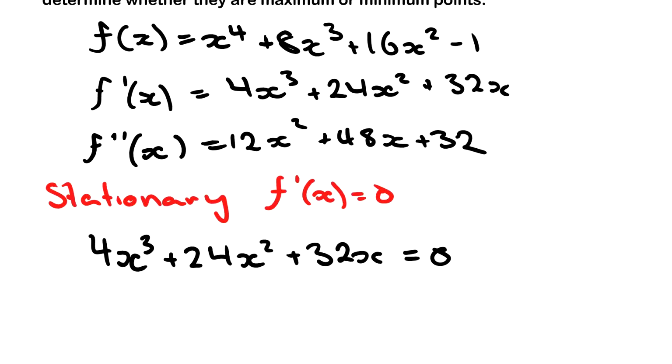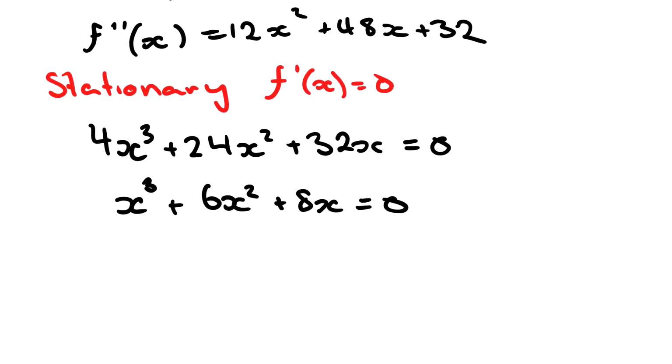I notice we have a 4, a 24, and a 32, so there's a highest common factor, which just so happens to be 4, so we divide everything by 4. We get x cubed plus 6x squared plus 8x equals 0. I notice each one has an x, so I can bring the x out the front, and I get x squared plus 6x plus 8, which is a quadratic.